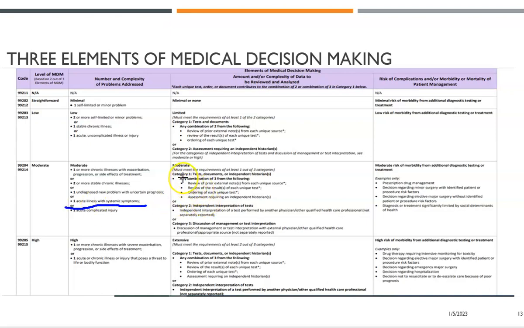And here it says we need 1 out of the 3 categories. So any combination of 3 of the following: review of the results of each unique test, ordering each unique test.